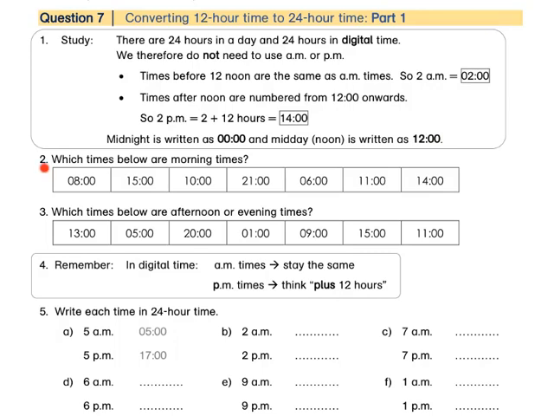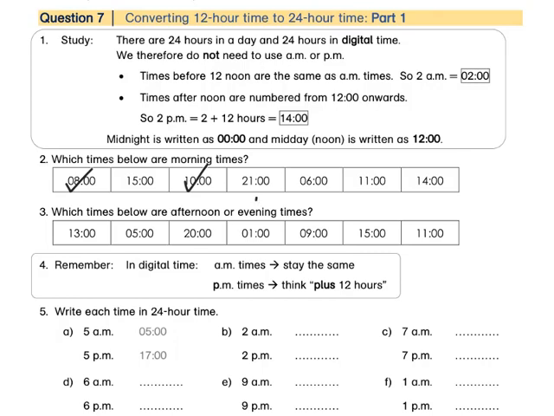Number 2. Which times below are morning times? Now remember, our times that are less than 12 are morning times. So, this is a morning time, this is 8 o'clock in the morning. When 15 hours of the day have passed, this is past the afternoon, so this is afternoon time. When 10 hours of the day have passed, this is still in the morning, it's less than 12.